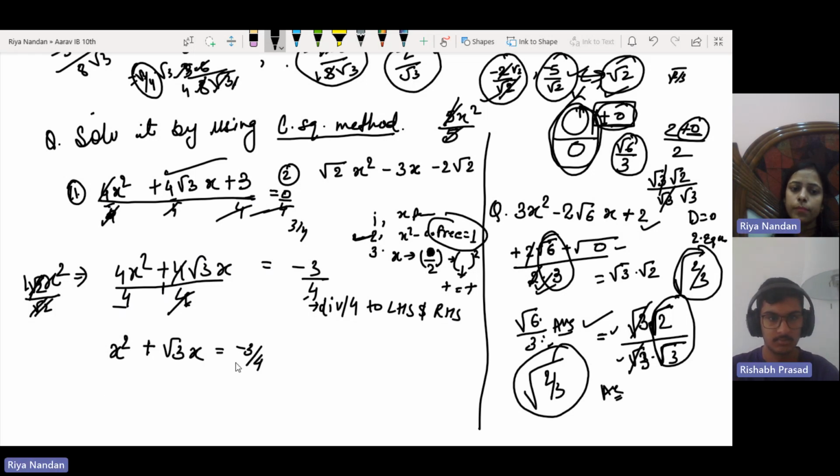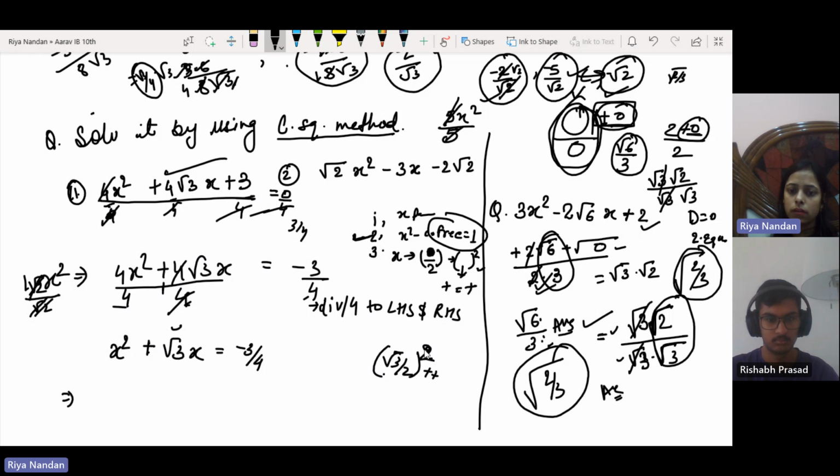Now the next step, root 3 upon 2 whole square. You have to add and subtract to both sides. Clear or not clear? Root 3 divided by 2 is the coefficient of x divided by 2, right? So what I have done is written root 3 divided by 2, and in the next step we have to square this.